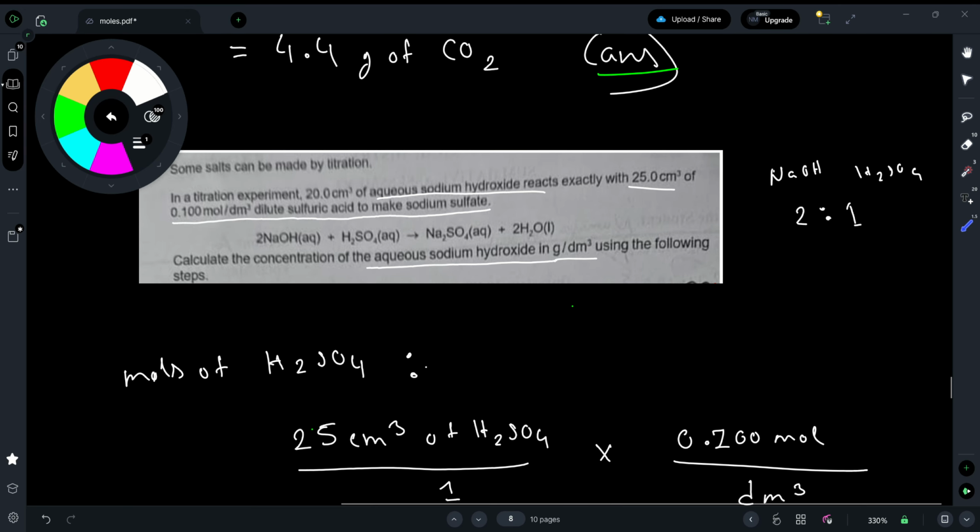So we had 0.01 moles of HCl, times 1 mole of CO2 over 2 moles of HCl.